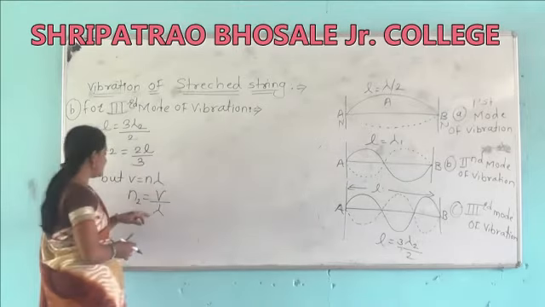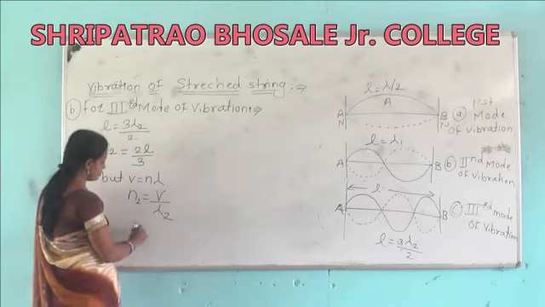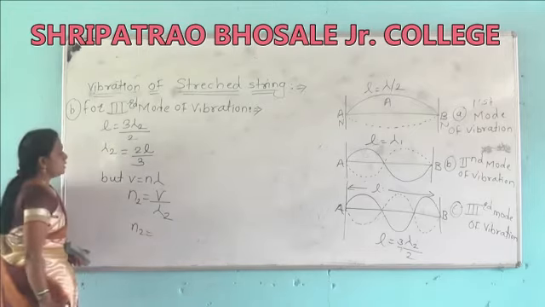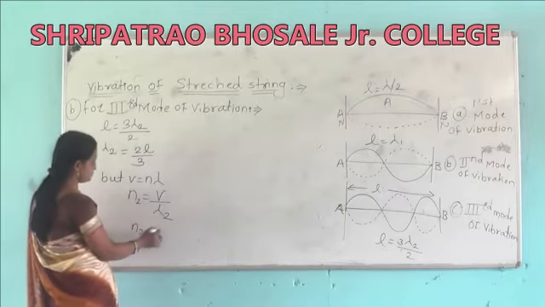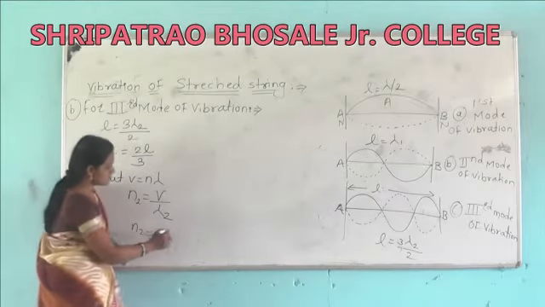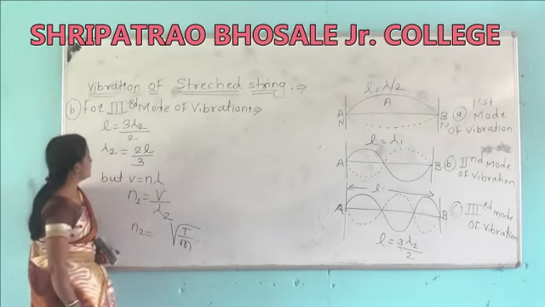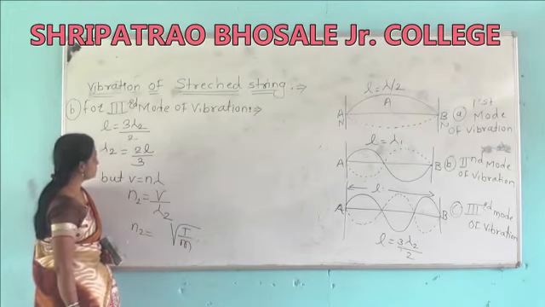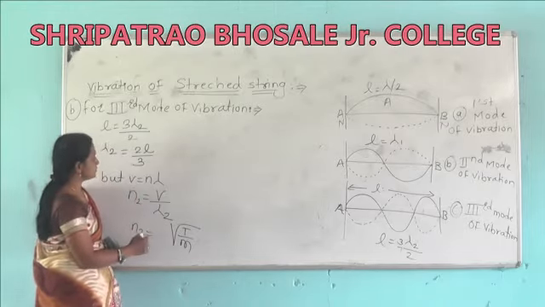Here the velocity V is square root of T by M, and lambda 2 is equal to 2L by 3.